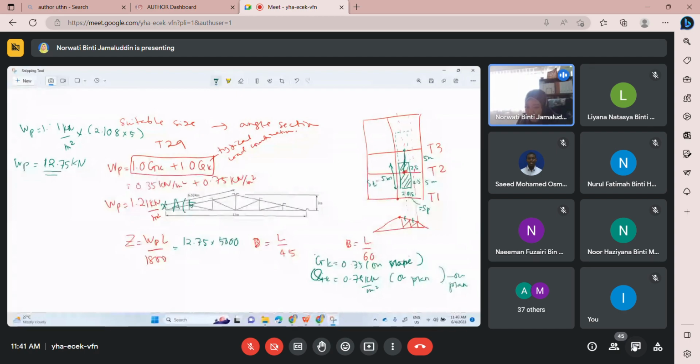So we need to convert this one, QK, to be on plan.